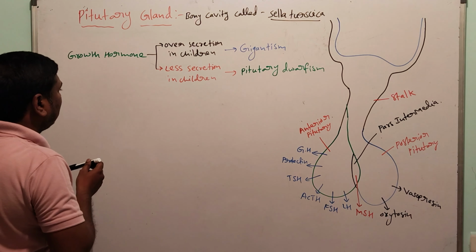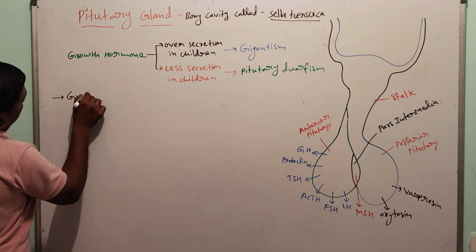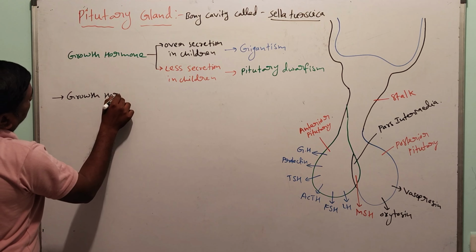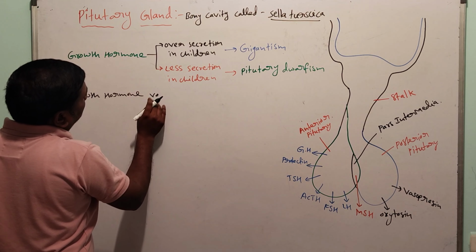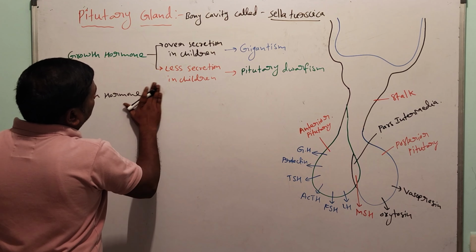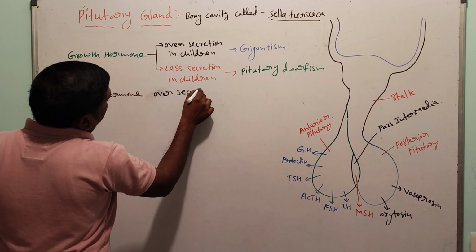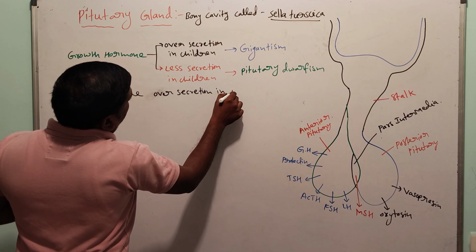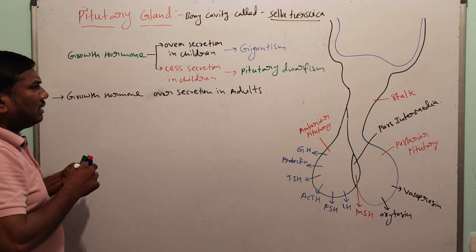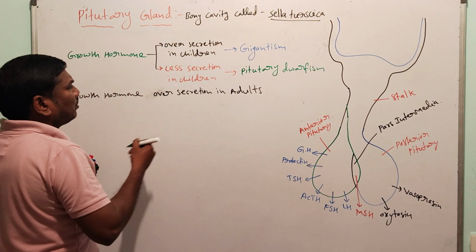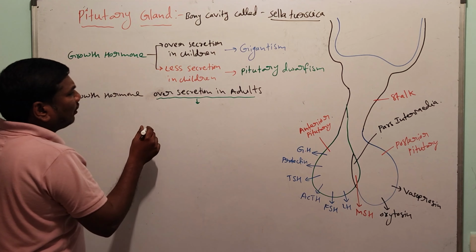Growth hormone in adult age. Growth hormone over secretion in adults leads to acromegaly.